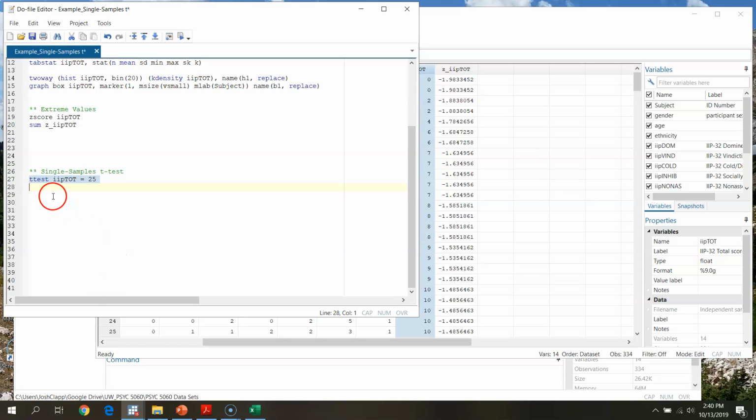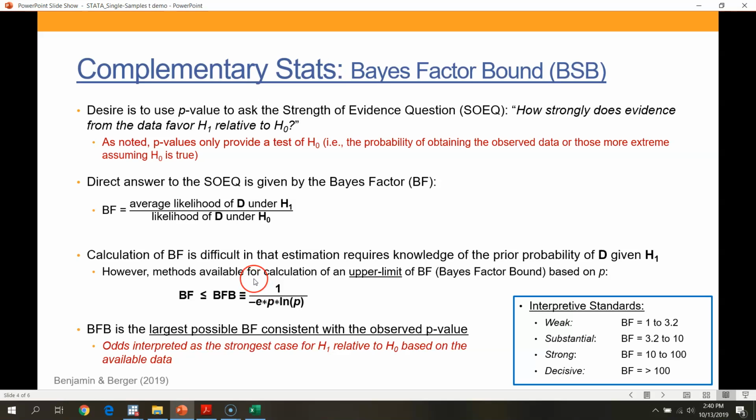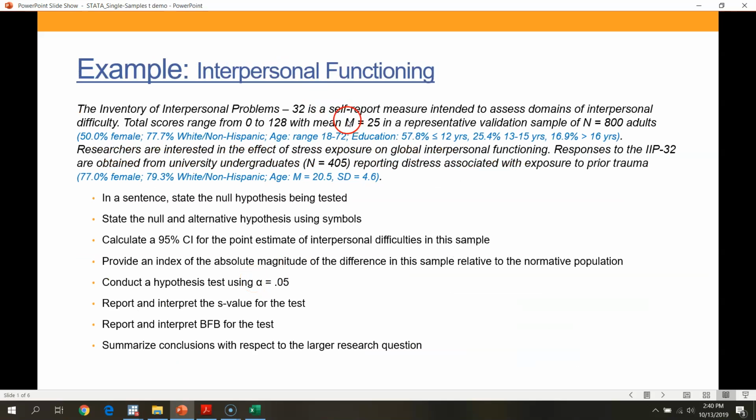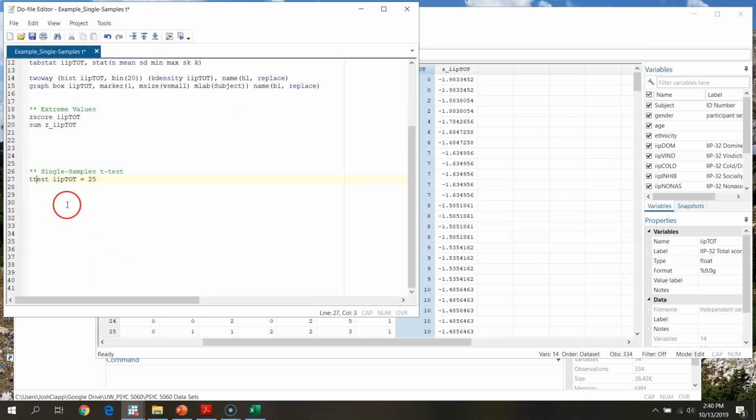Again, Stata syntax here, we're just going to run t-test IAP total equals 25. Remember that this was the reference value in the larger population, and so we're seeing whether or not we have enough evidence to reject the null hypothesis that average IAP total scores in the population of trauma-exposed undergraduates is equal to 25.